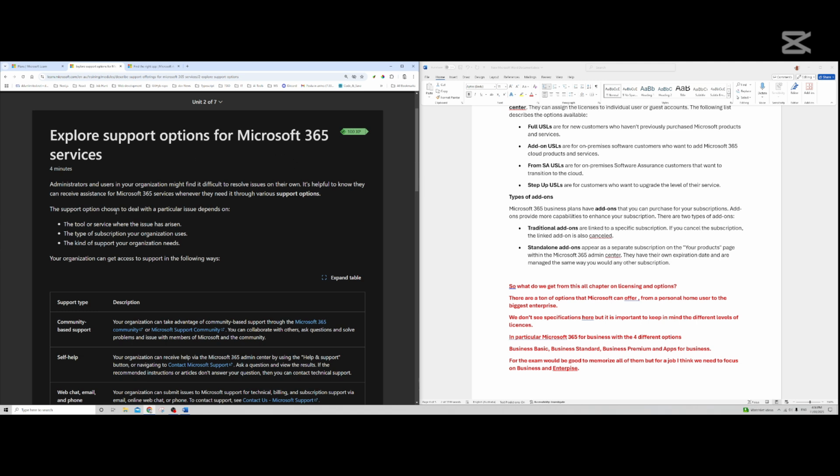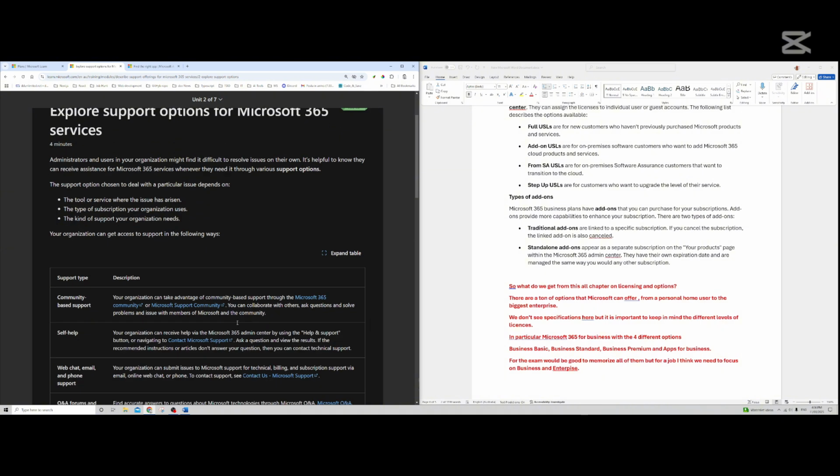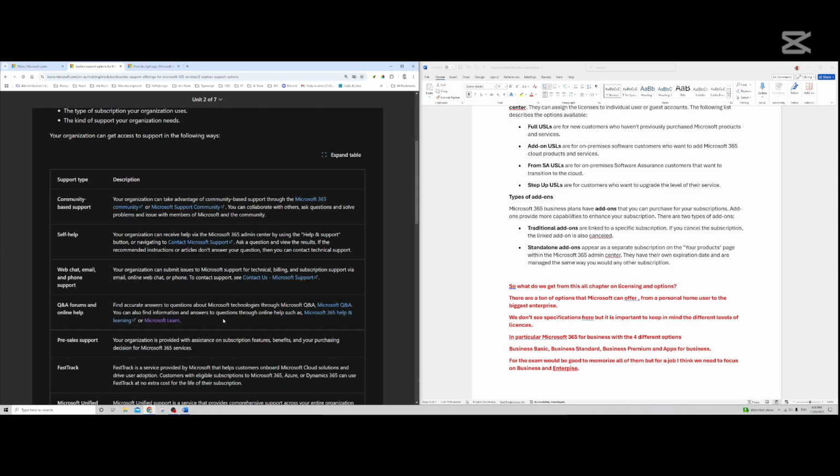Obviously, depending on your level of subscription, you can access support as well, like technical support. And this page is about all the different tools and types of support that they can give you.